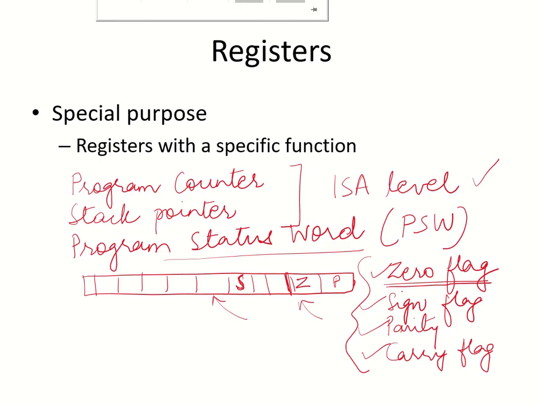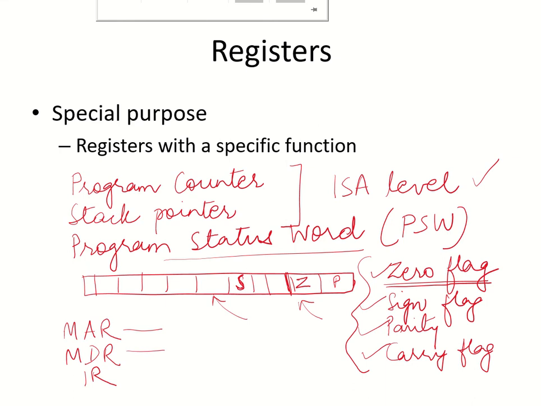There are some other special purpose registers also, like the memory address register, memory data register, instruction register. The memory address register is holding the address of the memory location that is to be accessed.